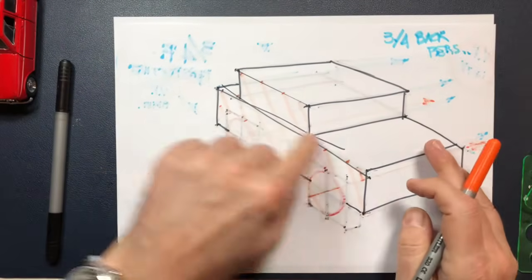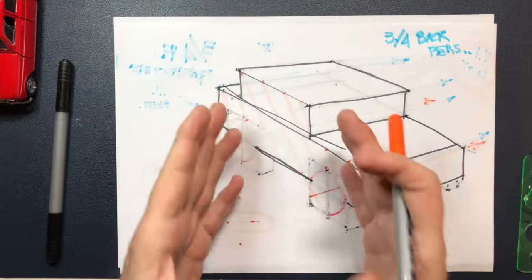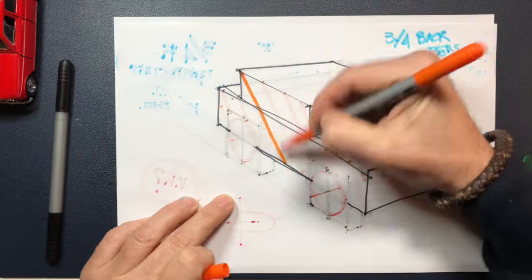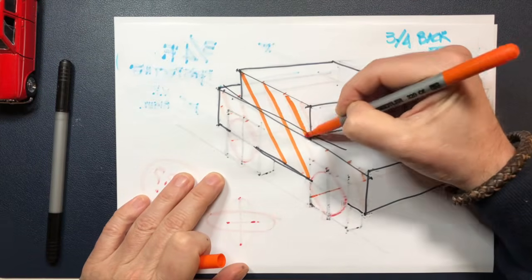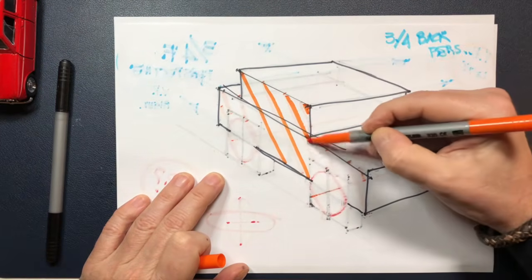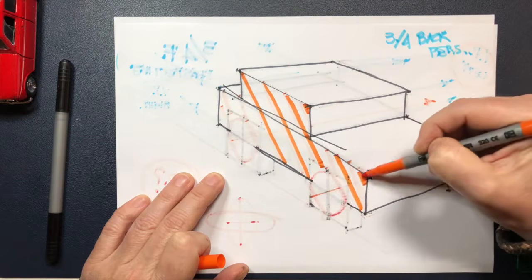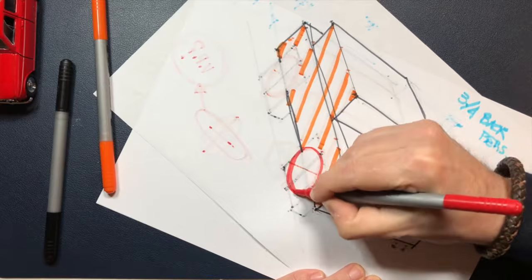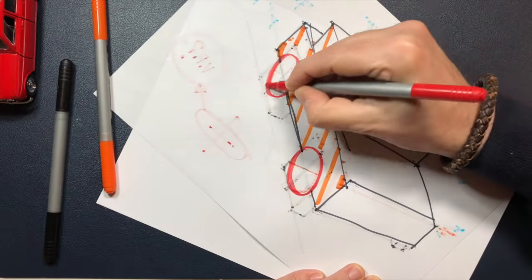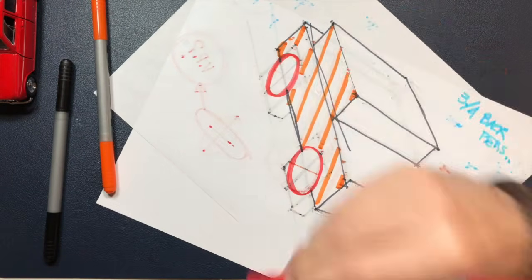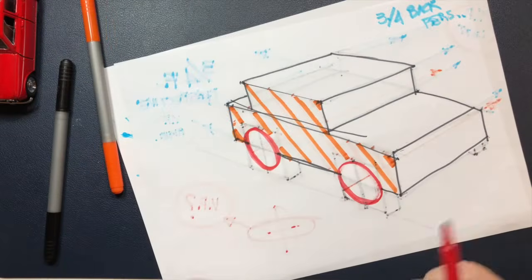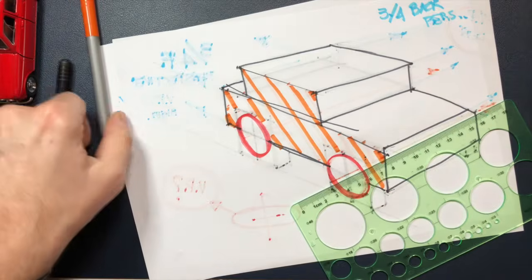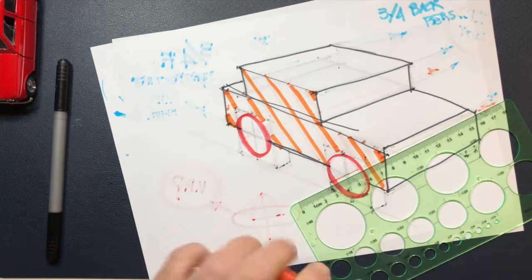Our side, the one we can see, is on the left side. This is the left side, okay? Those have their minor axis going to the right vanishing point.